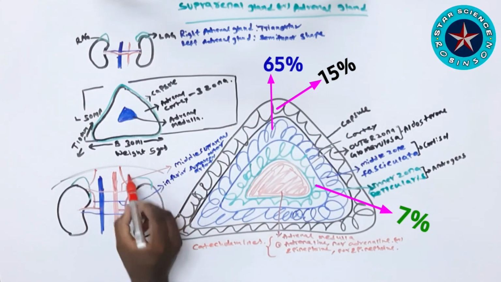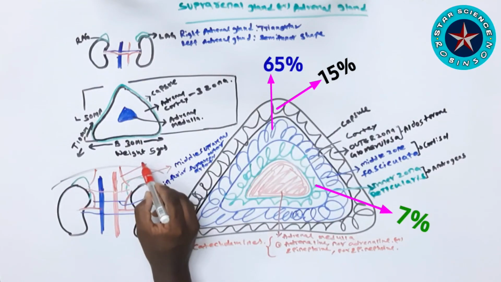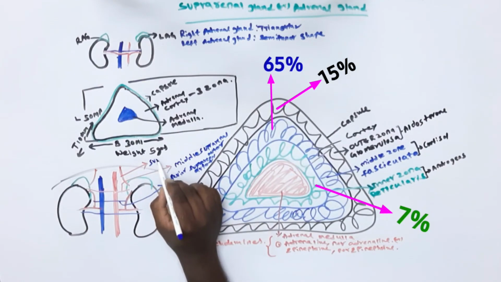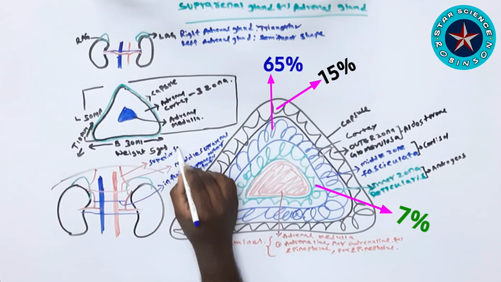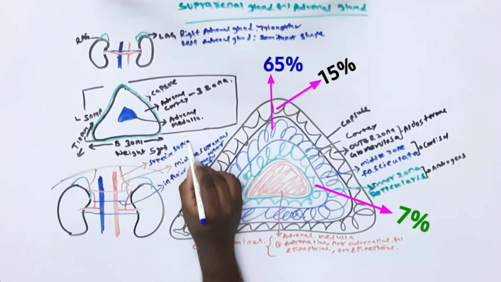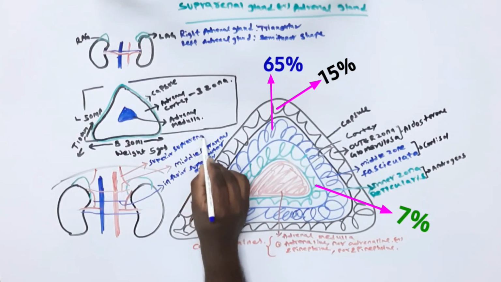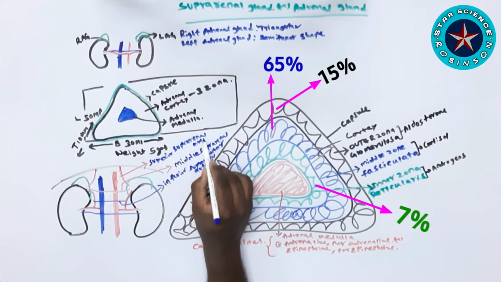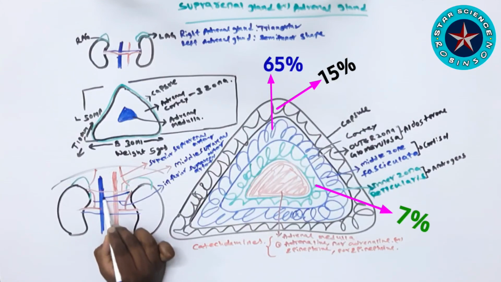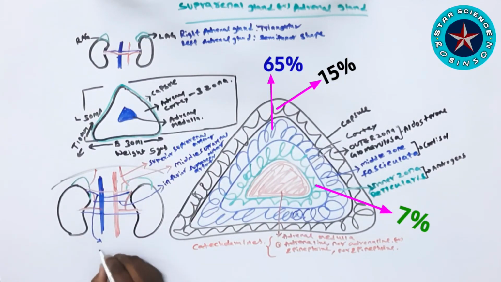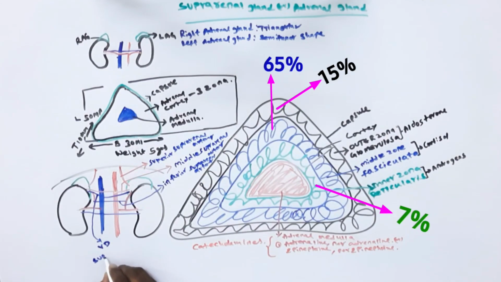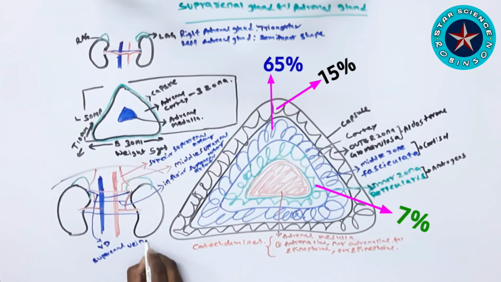The superior suprarenal artery is from the inferior phrenic artery. For the suprarenal veins, the left is from the left renal vein and the right is from the inferior vena cava. So this is about the suprarenal veins of the adrenal gland.